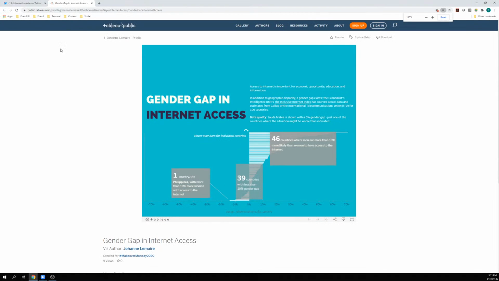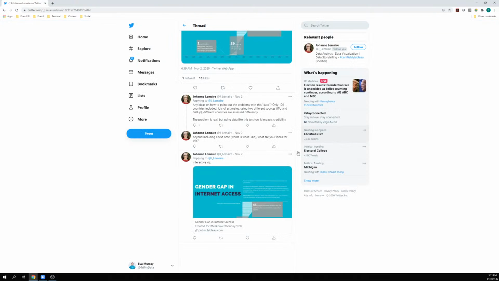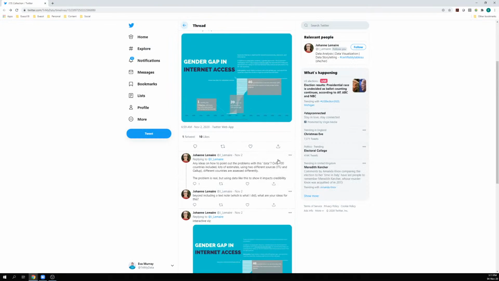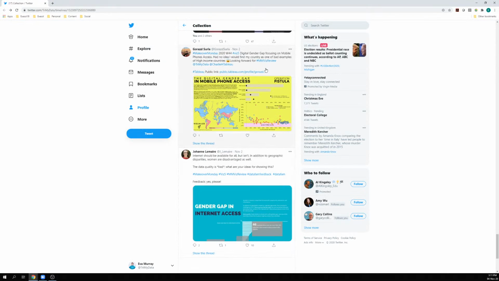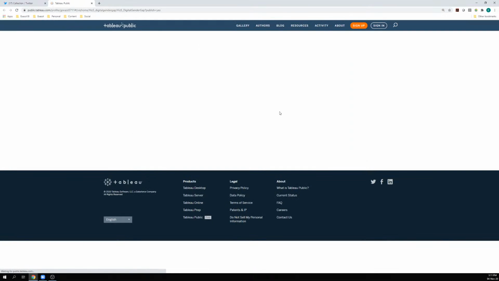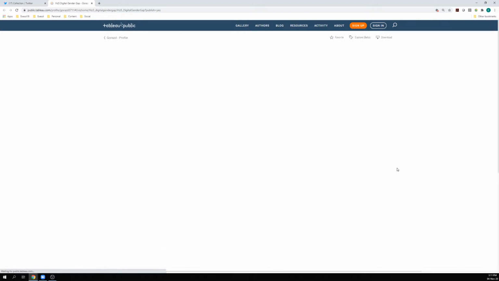Okay, now, in the interest of time, let's move right along to the next viz, where the first thing I noticed is it was all yellow. It's very yellow.